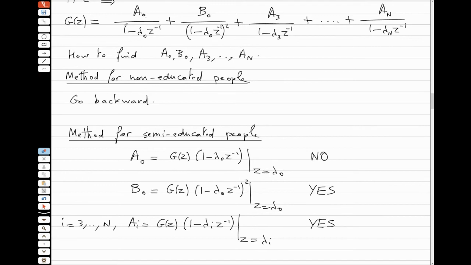A naught is alone. However, what happens to this one? Does it get cancelled? No. You're going to have a power of 1 here. And when you replace Z by lambda naught here, what happens to this? This blows up, not 0. This blows up. So this doesn't work.